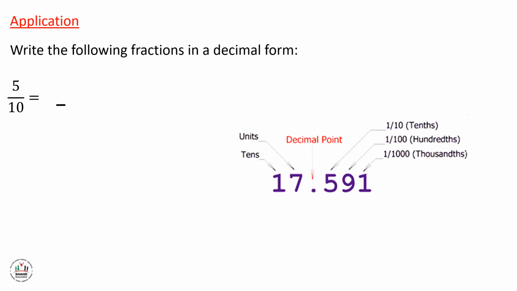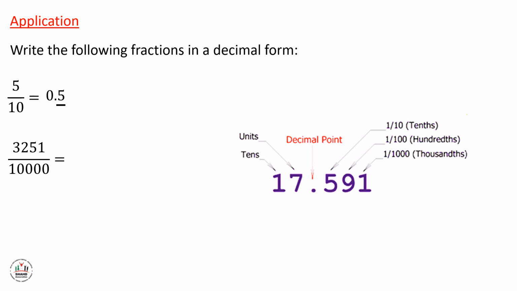So you can draw only one dash, and after this dash, to the left, you write the decimal point, and the answer will be equal to 0.5.